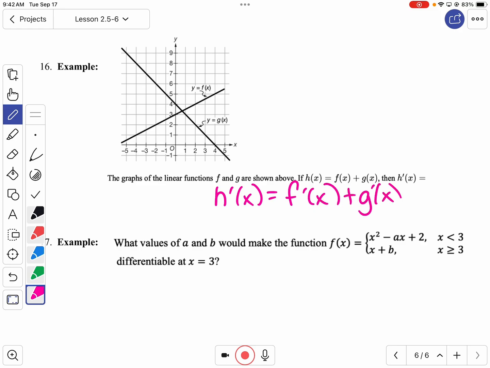That's all that says. Again, just being able to interpret what the question wants from you. So what is the slope of f? 1/2. And then the slope of g is -1. And so, excuse me, my overall slope is -1/2.